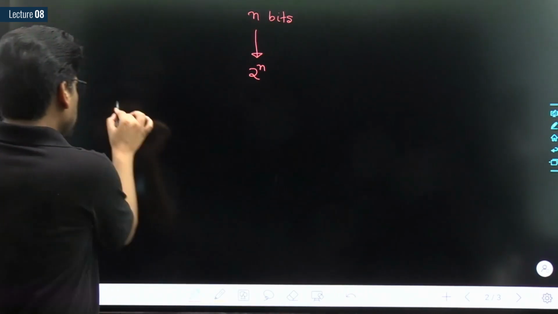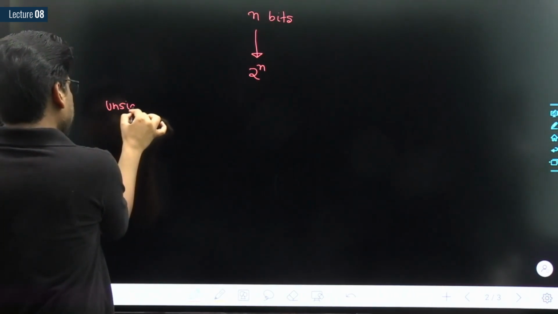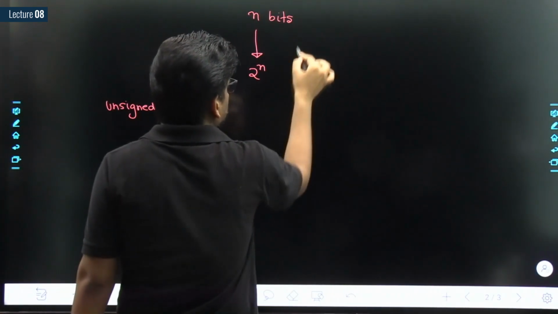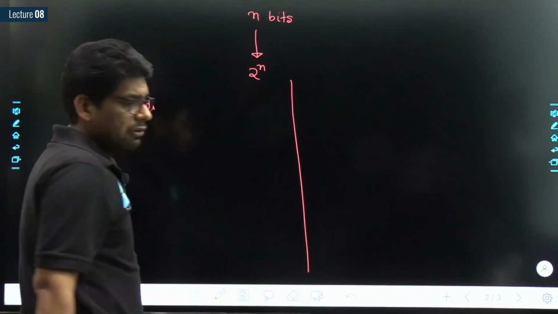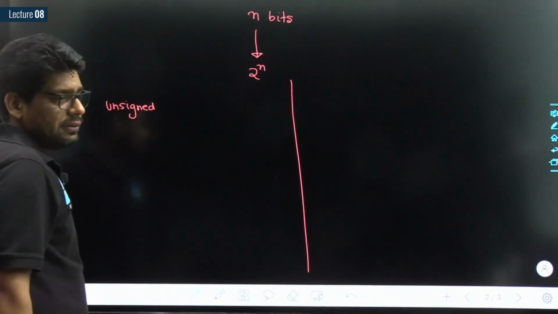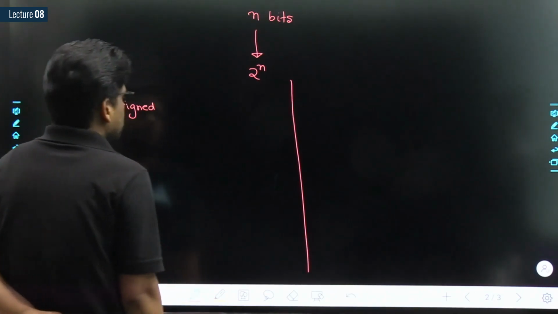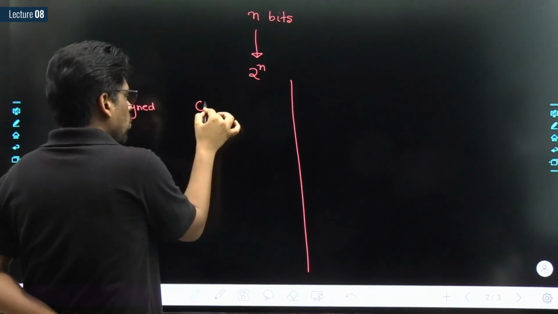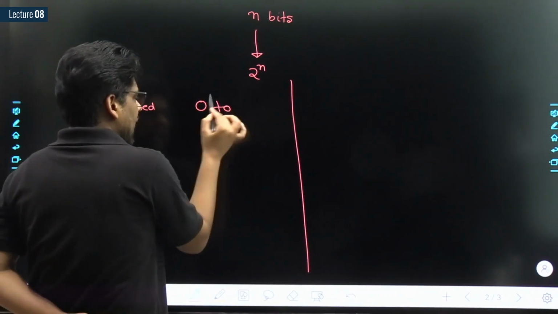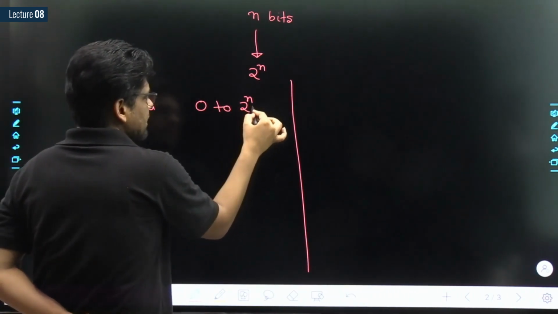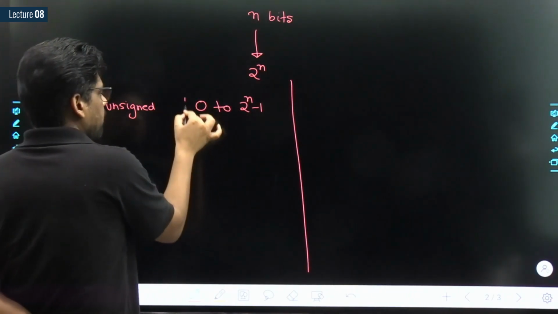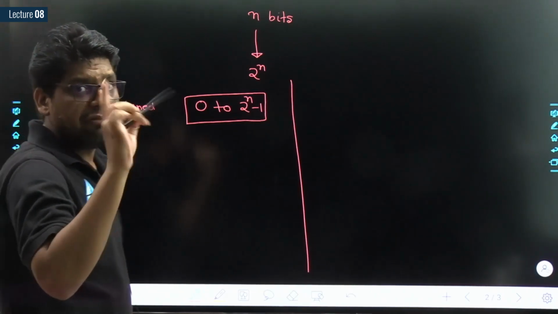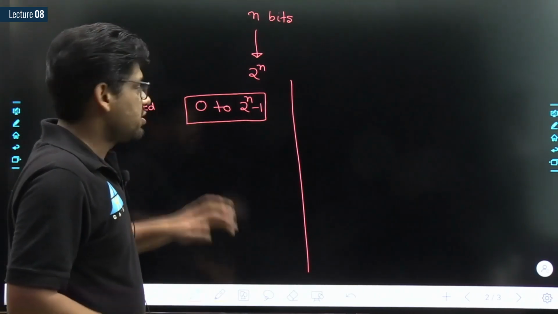If we talk about unsigned, we start our counting from 0. That is why the last number is 1 less than this number, because we have used up one number on 0.